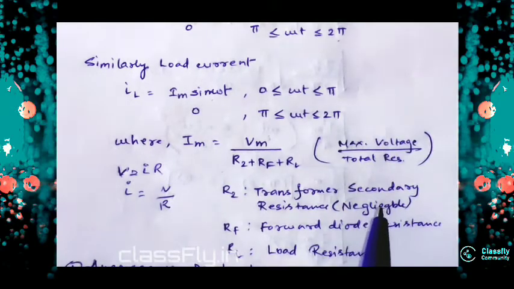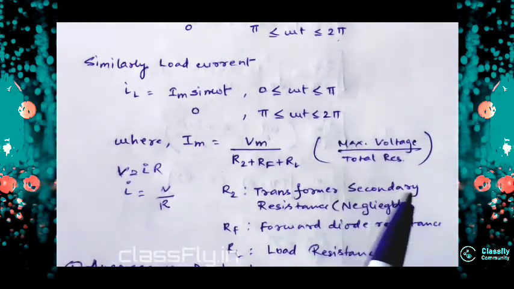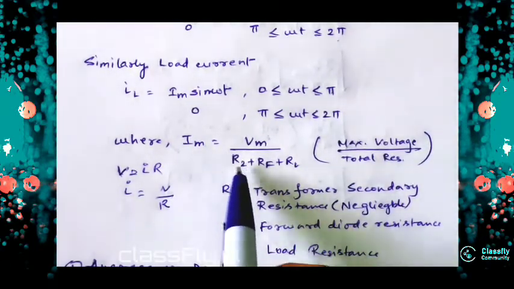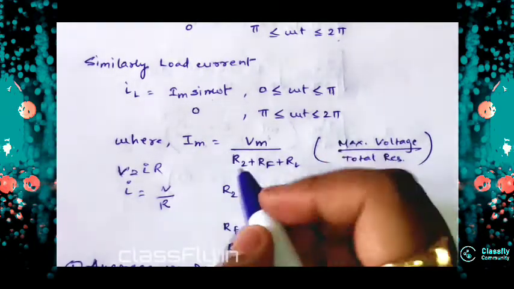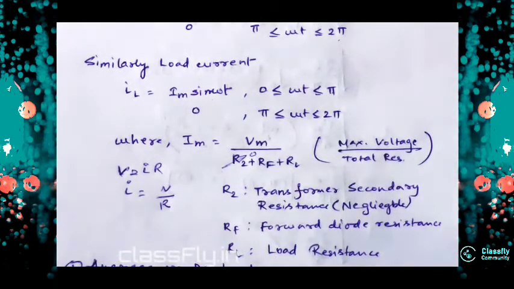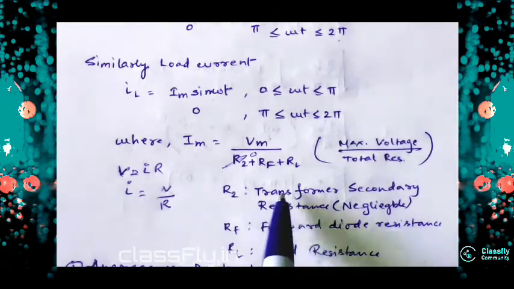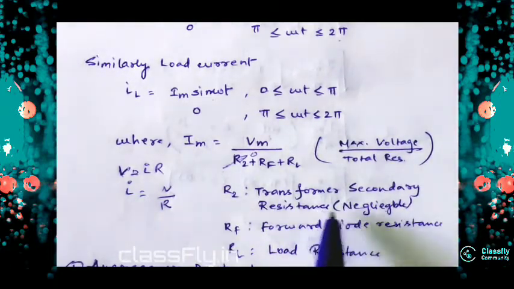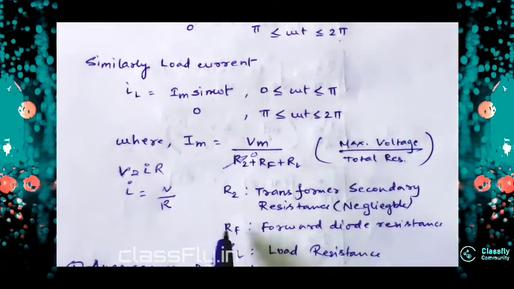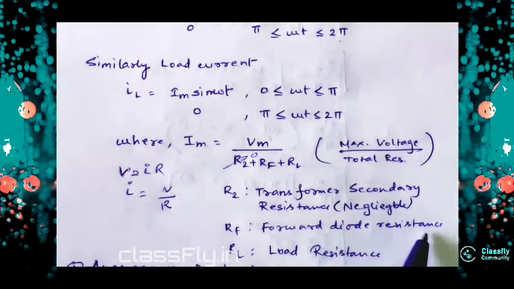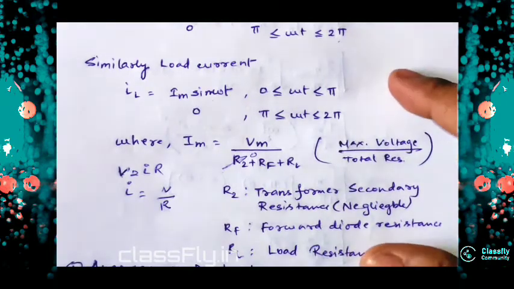In half-wave rectifier most books do not write this R2 because it is negligible, or they take it as 0. R2 is basically the transformer secondary resistance, which is mostly negligible. Rf is the forward diode resistance and RL is the load resistance. We now know all this.